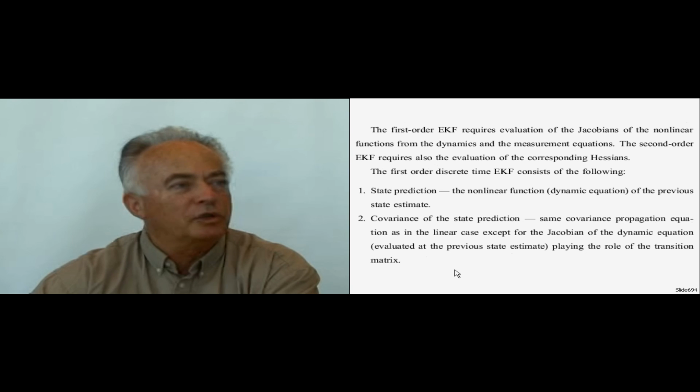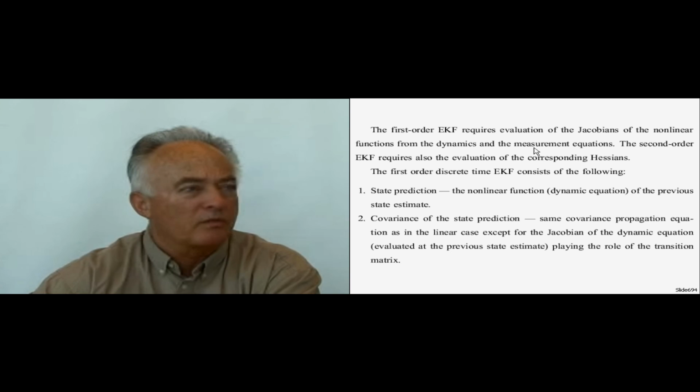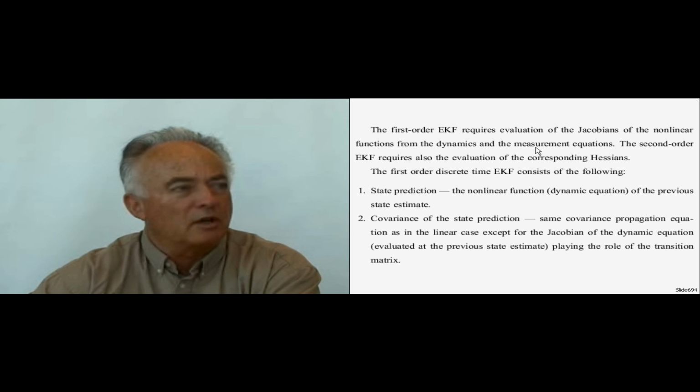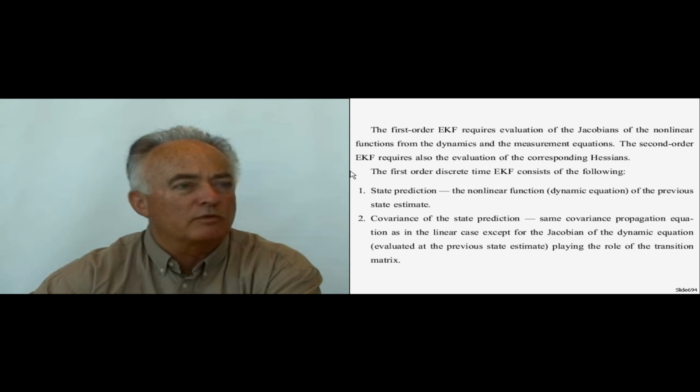The first order EKF requires evaluation of the Jacobians of the nonlinear functions from the dynamics and/or the measurement equations, while the second order EKF would require also evaluation of the corresponding Hessians.